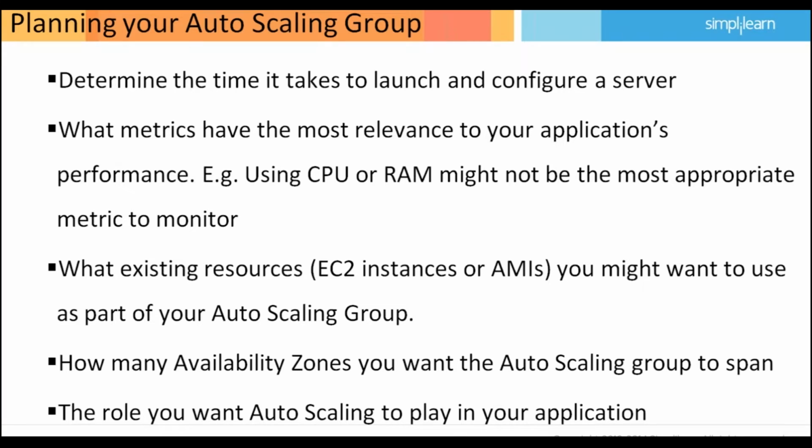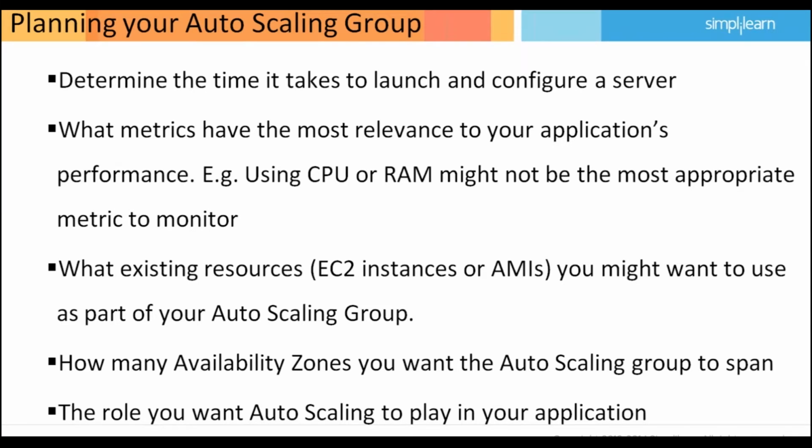So you determine the time it takes to launch and configure the server, right? Because if it takes a lot of time to launch and configure, probably your web traffic is still busy, right? And you want to match and plan accordingly. And the most important thing, you need to find out what metric is the most relevant to your application demand.